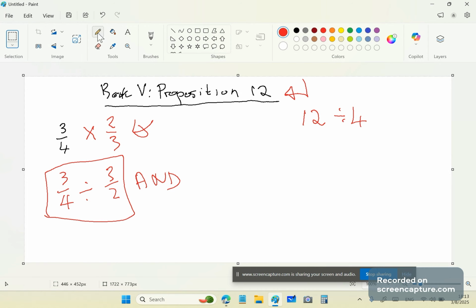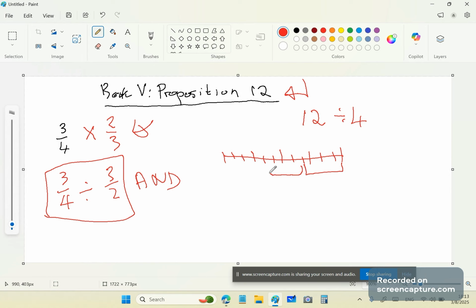So when you look at this division, the factoring idea is that you have 12, and then you use 4 as a measuring unit: 1, 2, and 3. That's what this means. 12 divided by 4 means the measure of 12 using 4 as a unit.